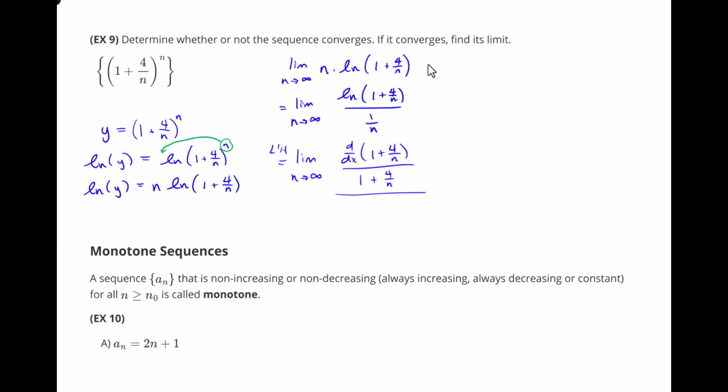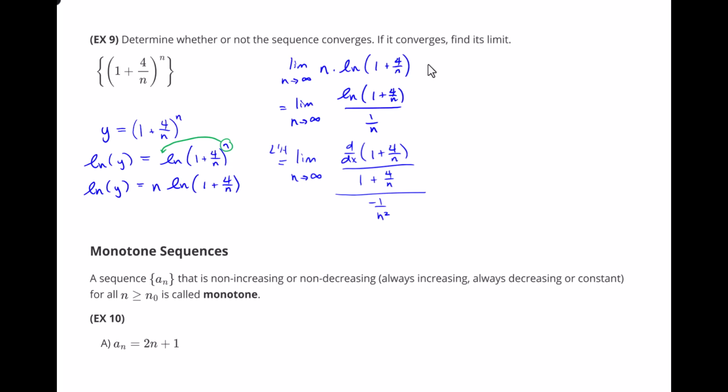So 1 over n, we can change that into n to the negative 1, and then bring the negative down, subtract 1 from the exponent. What we're going to get is negative 1 over n squared. So I'm just going to speed that process up.